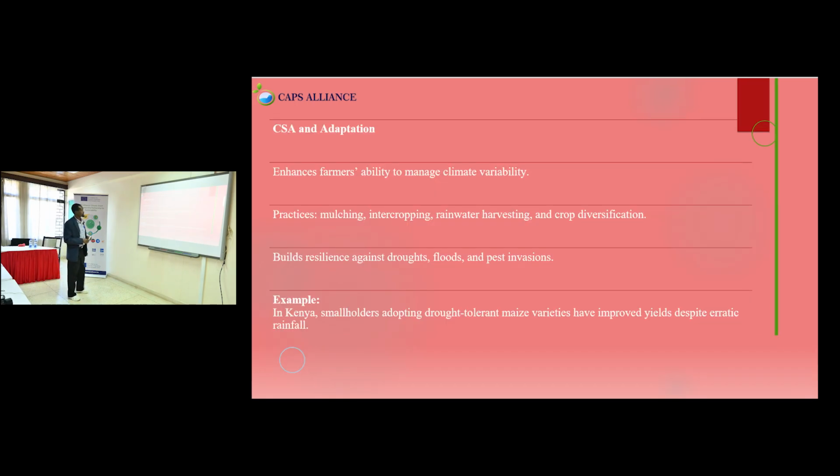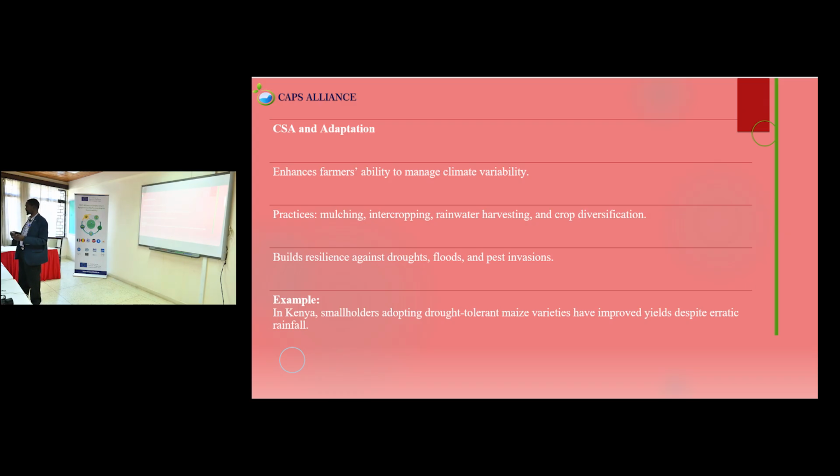Now, it enhances farmers' ability to manage climate variability, of course, with practices like mulching and so forth. We talked about that. Build resilience against droughts, floods and all that. Examples in Kenya, smallholders adopting drought-tolerant maize varieties. We talked about tolerant maize varieties, tolerant potato varieties, tolerant cassava varieties, even tolerant coffee varieties.